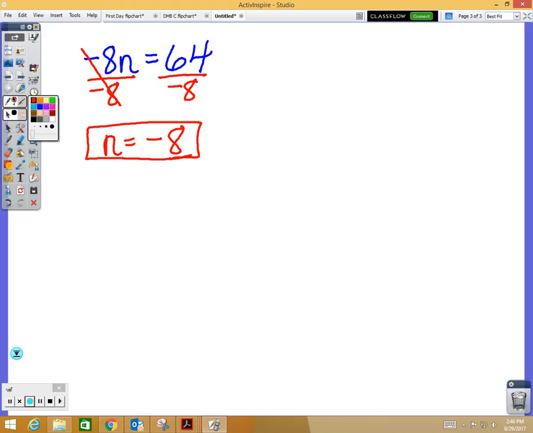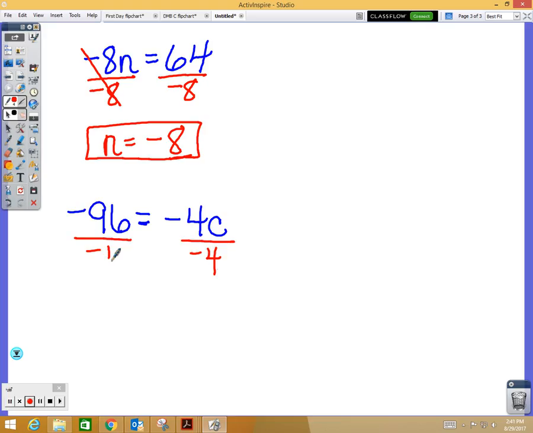What if we had negative 96 divided by negative 4c? What is my inverse operation, Calvin? Divide by negative 4, thank you. So I have c by itself.